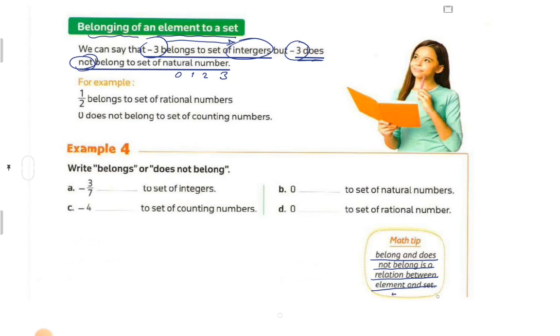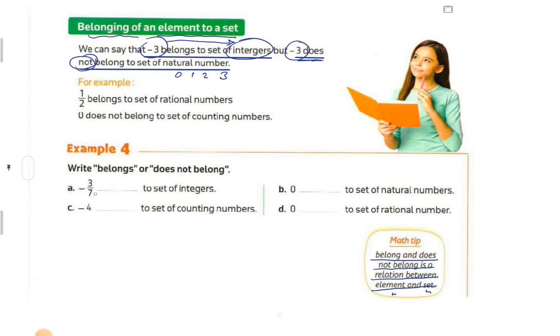Element and set. Example number 4. Write belongs or does not belong. A. Negative 3 over 7, blank, set of integers. I know that integers are positive, negative and 0, but no fractions.